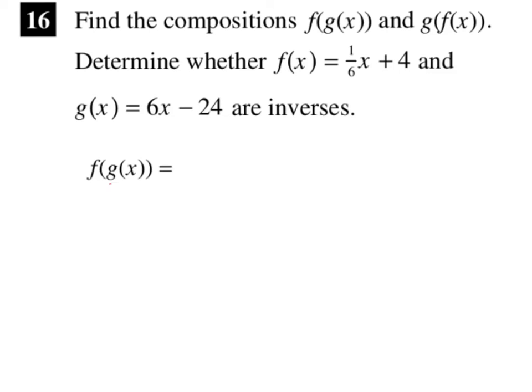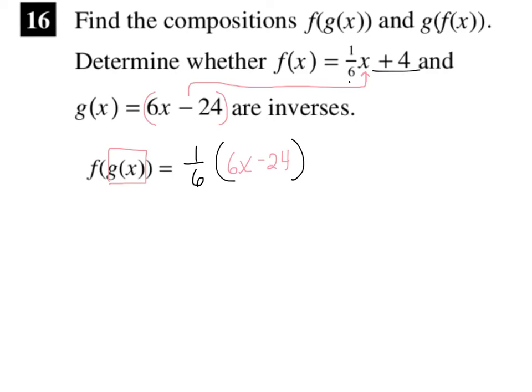For 16, first we're going to take g of x and plug it into f of x. So I'm going to take all of this and plug it in right there. So the function will start off with 1/6, and then I'm going to plug in the 6x minus 24.